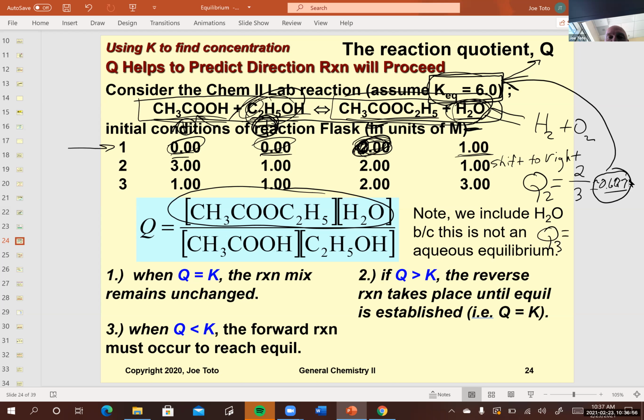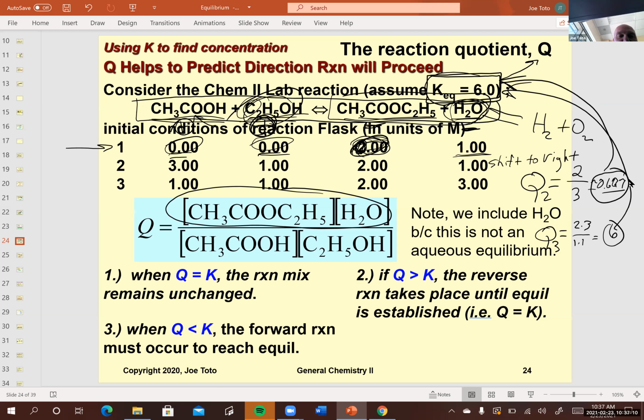So it's 2 times 3 over 1 times 1, which is 6. And that equals K. So when Q equals K, there's no shifting, it's at equilibrium. That is an equilibrium mixture.